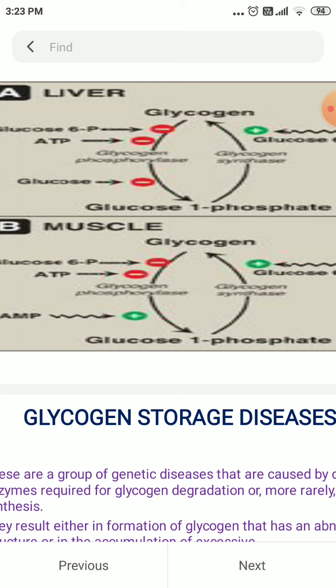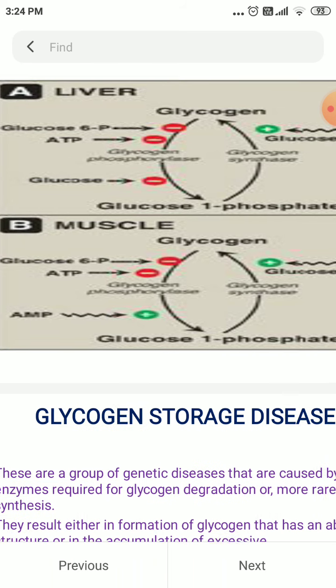In muscle, the action is the opposite of what we saw in liver. Glycogen is degraded to glucose 1 phosphate by the enzyme glycogen phosphorylase. Glucose 6 phosphate and ATP act as inhibitor molecules for this enzyme glycogen phosphorylase.